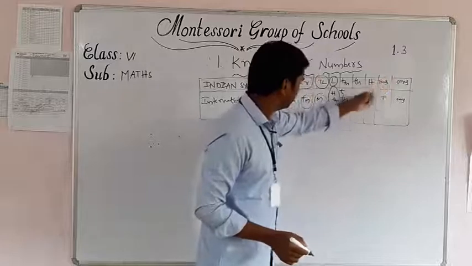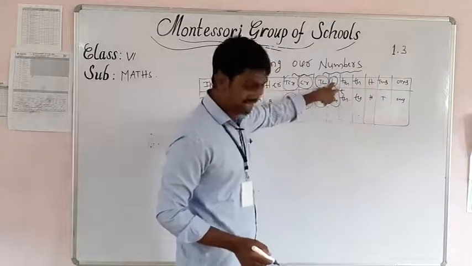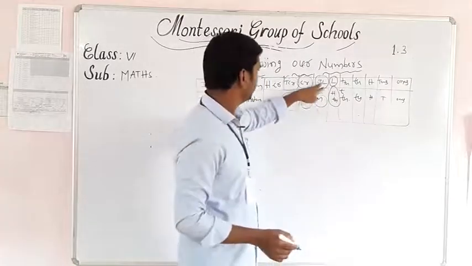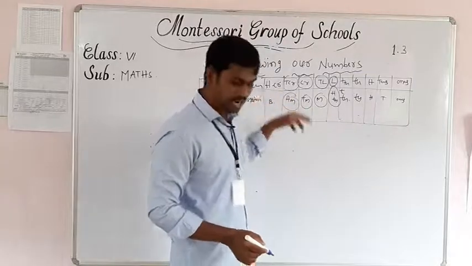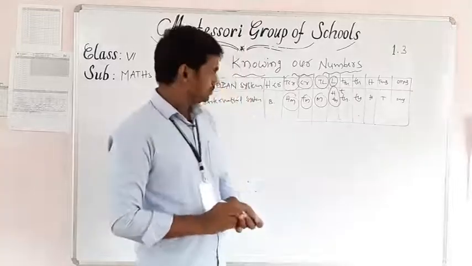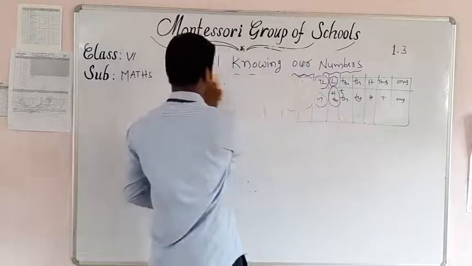Ones, tens, hundreds, thousands, and 10,000s are as usual. So this is about the Indian system and the international system.